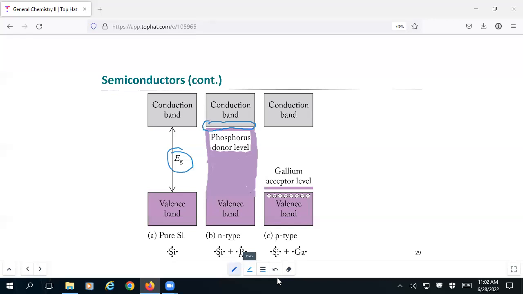Not complete overlap. We're still not going to get full conduction in terms of what we would expect out of a metal in this semiconductor, but it's a heck of a lot closer. Close enough, in fact, that this particular type of semiconductor conducts electricity okay. Yes, there's a little bit of resistance, but certainly not nearly as much as there would have been with the pure silicon.